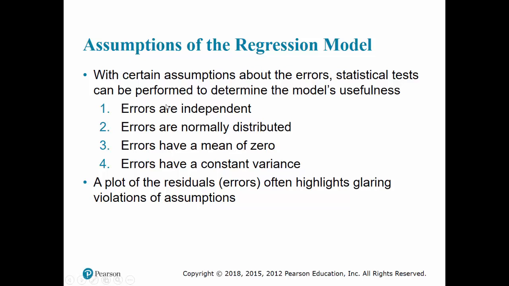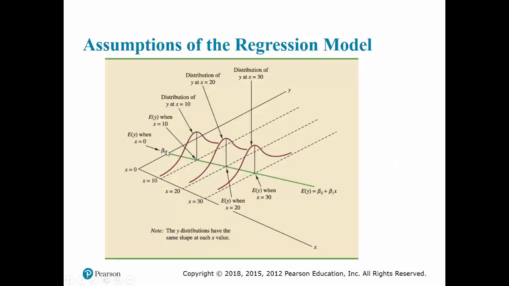So if these assumptions are true, then we can set up an F test. Remember the F distribution that we talked about in chapter 2. And then we can test whether this regression is significant or not. By significance, what we mean is whether this slope is different from 0.